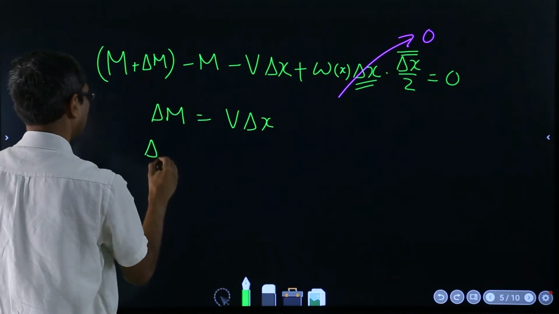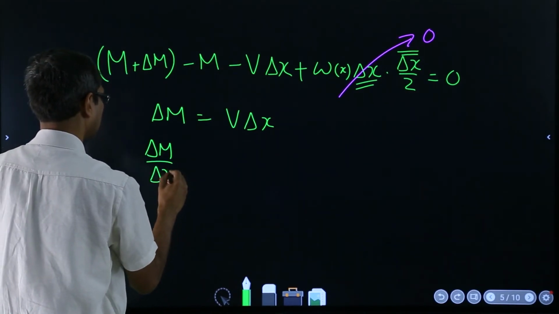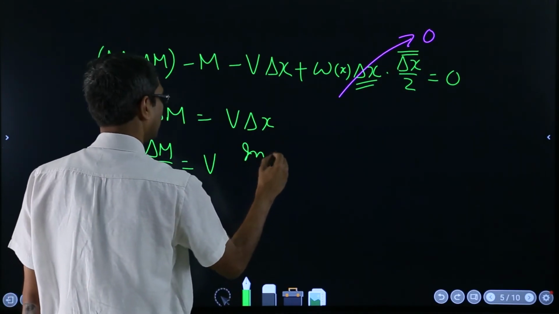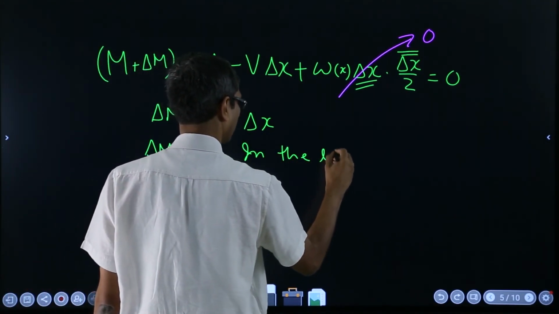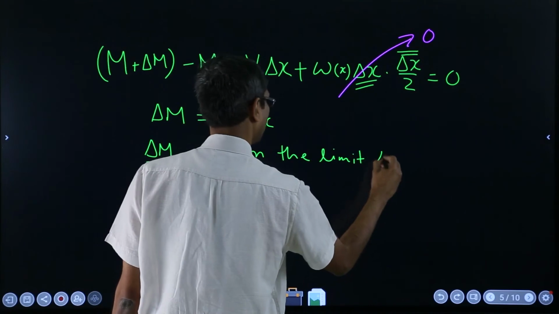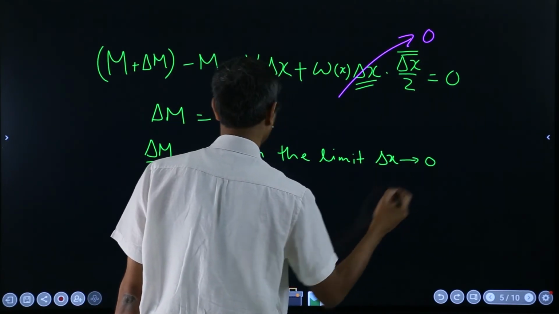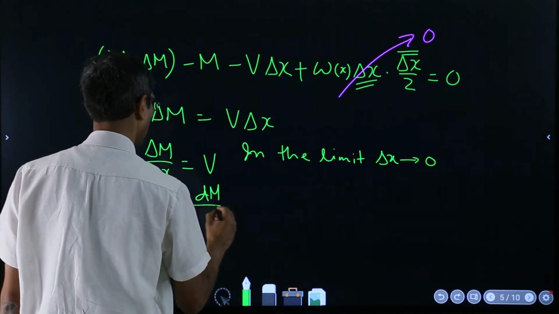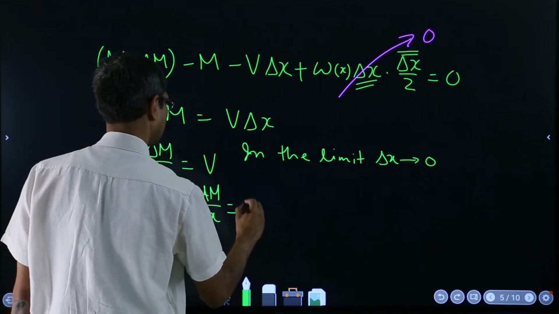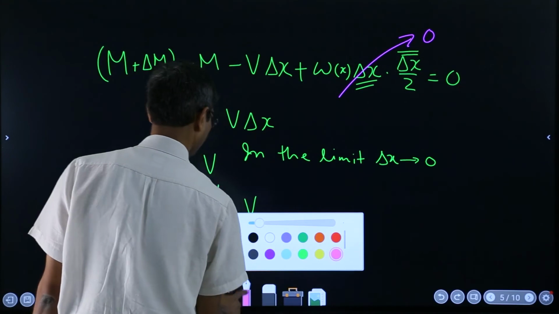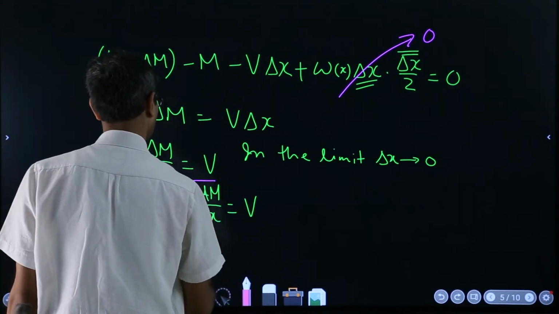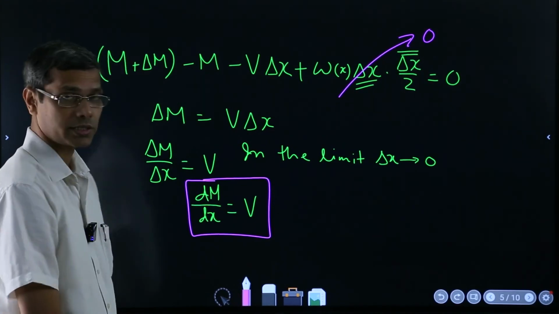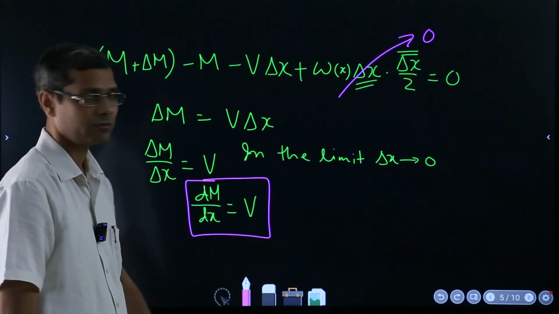That means delta M over delta x is equal to V, and in the limit that delta x tends to 0, we have dM over dx equal to V. So this is your relationship between the moment and the shear force.